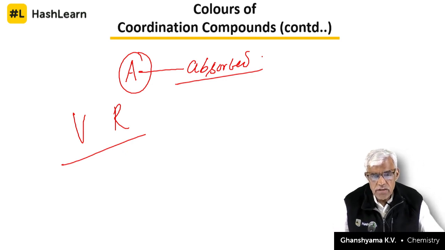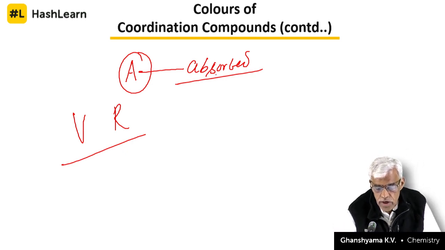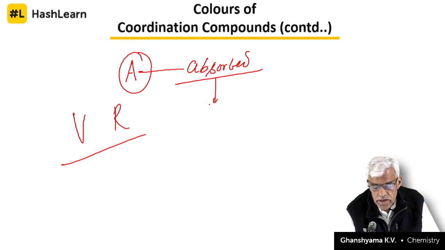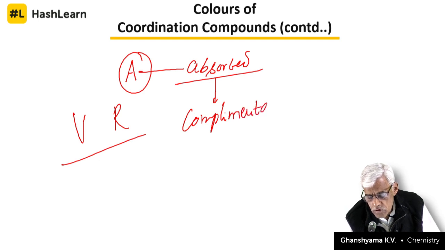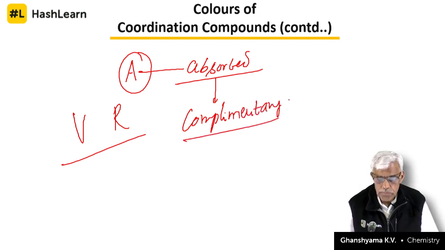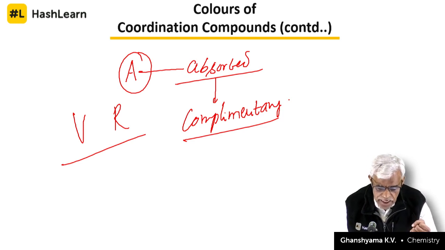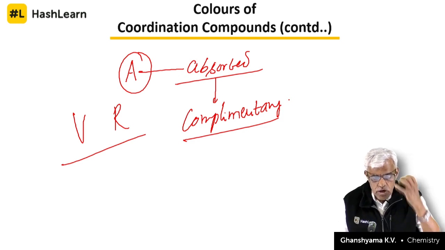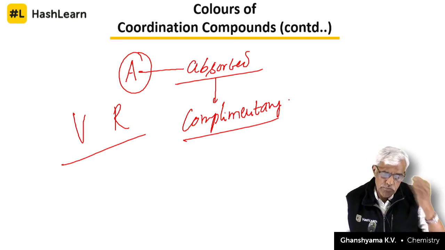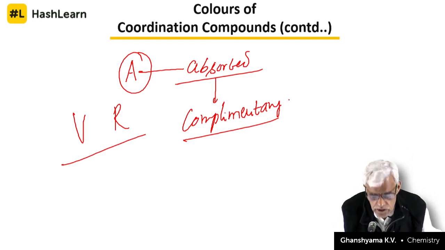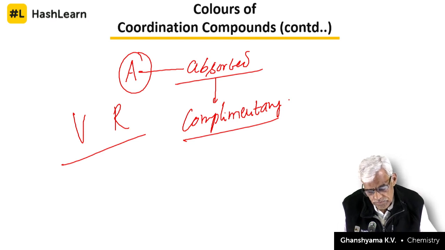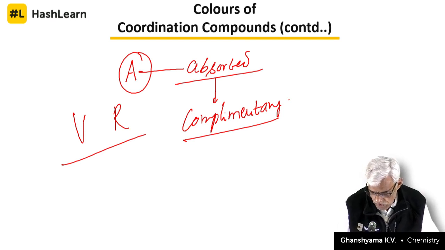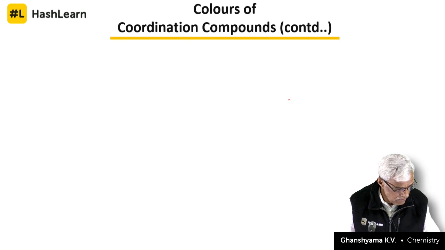While coming back, it transmits the energy and it gives the complementary color. So if it absorbs one light, the coordination compound will appear in its complementary color. Okay, I'll give you this with an example.